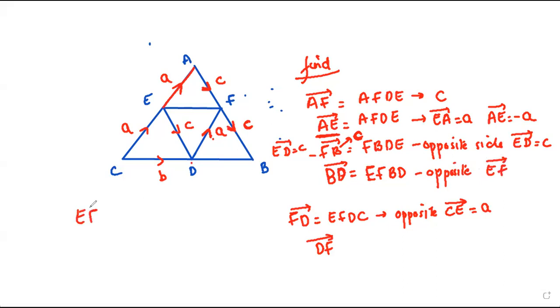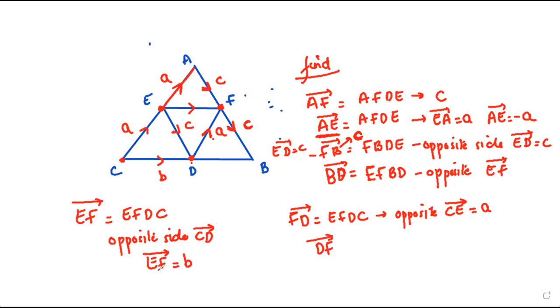So for E to F, I have to find another parallelogram, which is EFDC. The opposite side is C to D. If the opposite side is C to D, then E to F is also equal to it and will be equal to B. So we have calculated E to F as B.